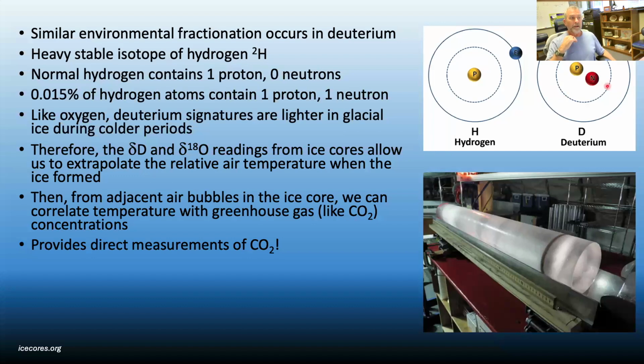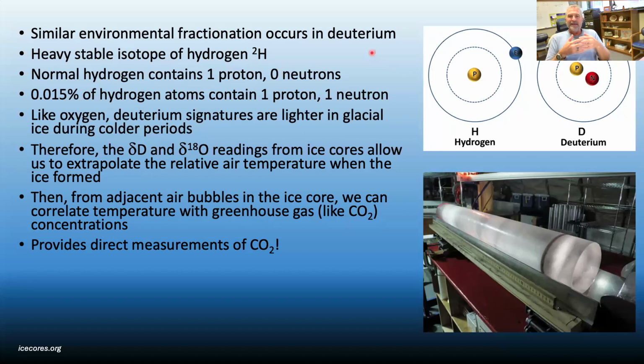But where you have heavy hydrogen or deuterium, you have a neutron, and you still have your one electron, one proton. And this has a higher mass. A very small fraction of hydrogen atoms contain both a proton and a neutron.